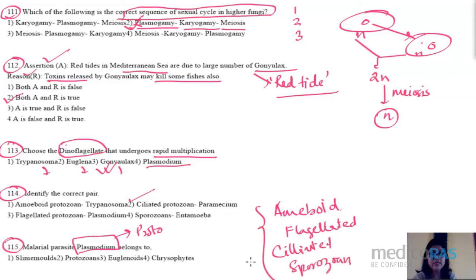All these are under Protista, under the protozoan concept, right? So here, the malaria parasite is nothing but a sporozoan. If they are sporozoan, then obviously the answer goes to option number 2. So this is the correct answer here.